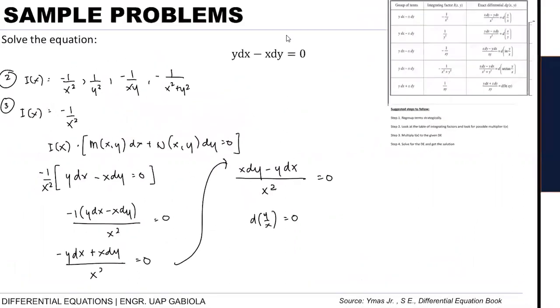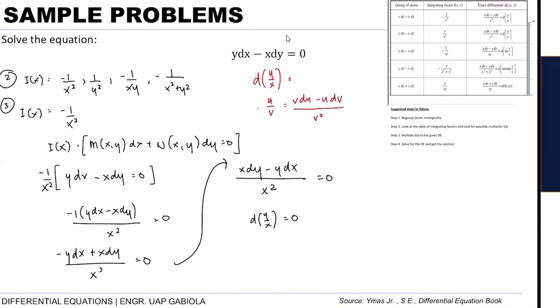Okay. Ano ba ibig sabihin ng exact differential? So ibig sabihin, pag dinerive mo daw si y over x, so derivative of quotients, pag derivative ng quotient, we have u over v. So that is v du minus u dv over v squared.